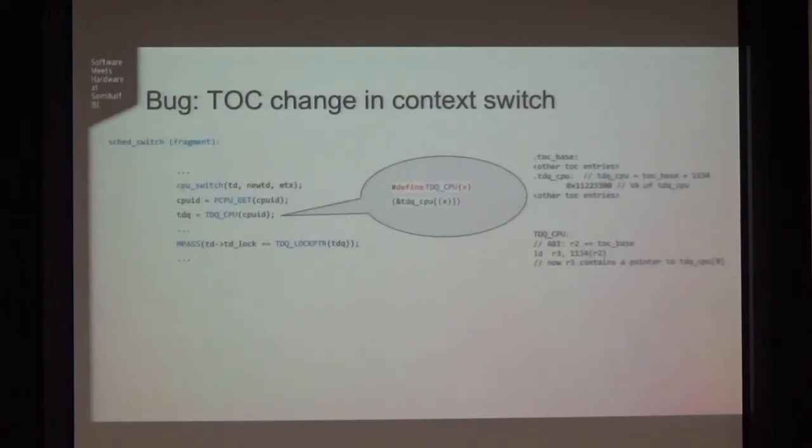So I prepared a stripped down version of the scheduler switch routine. We can see that after the CPU switch is done, we are starting with a new active thread. We are loading some CPU ID, some thread pointer, TDQ, and doing this famous MPass.